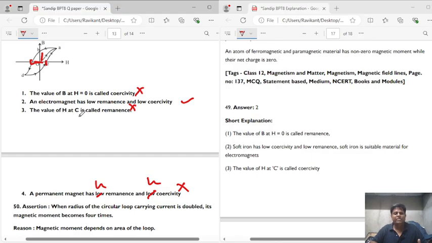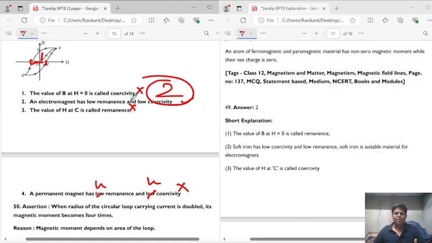The value of H at C is known as coercivity. So this statement is also wrong because they have written remanence. The value of B at H equal to 0 is called coercivity. This is also wrong because this is known as remanence. So the correct answer is option 2, that is, electromagnets have low remanence and low coercivity. The correct answer for question number 49 is option 2.